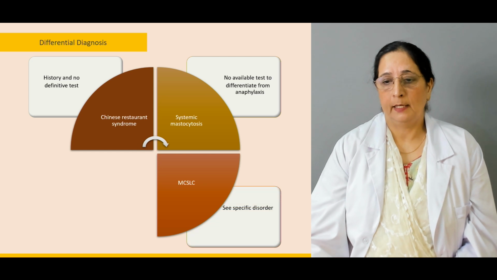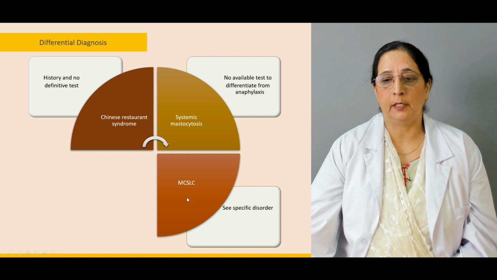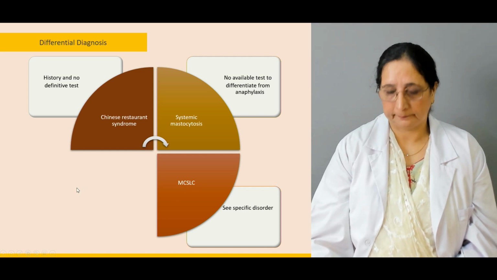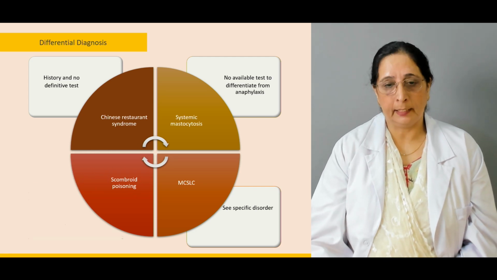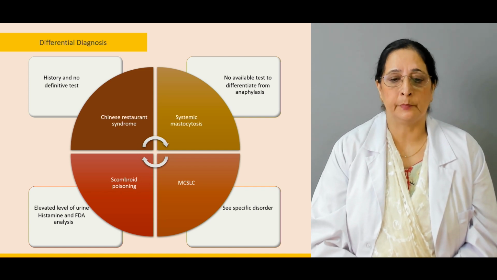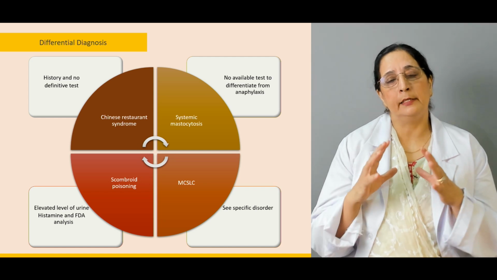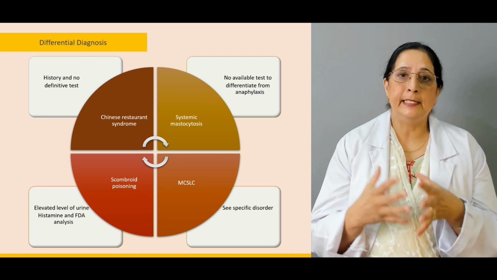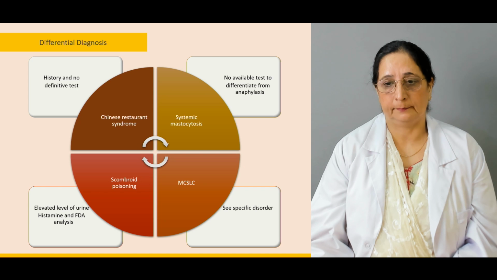And then scombroid poisoning, again elevated level of urine histamine is present, and FDA analysis. So all these are the differential diagnoses, or different conditions that need to be differentiated from anaphylaxis.